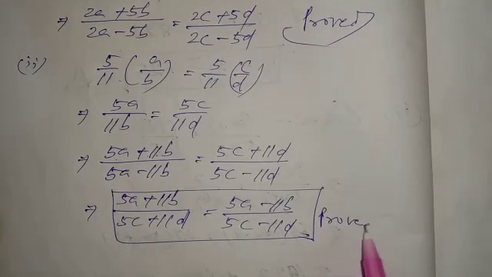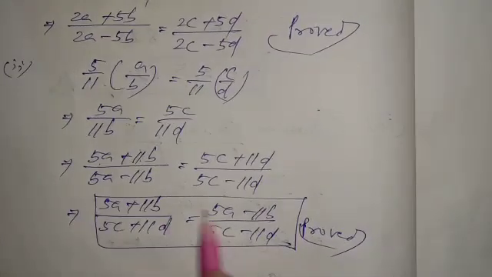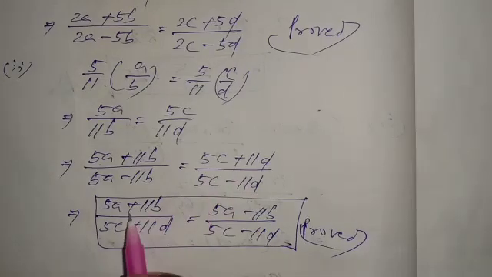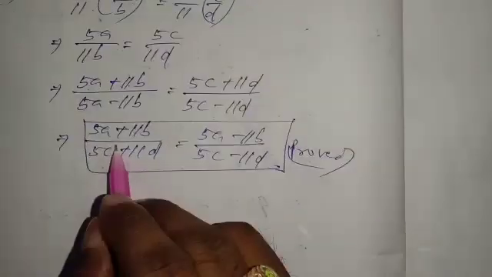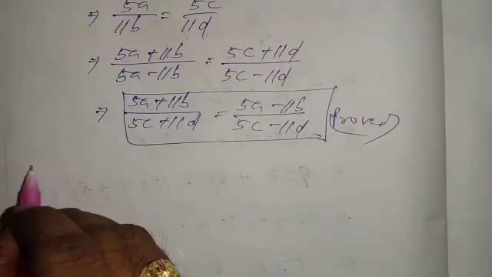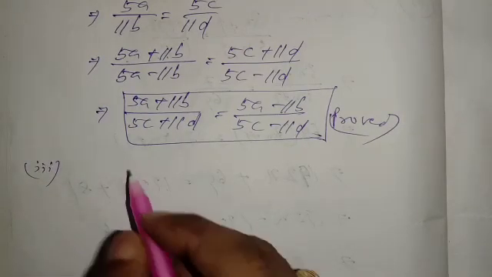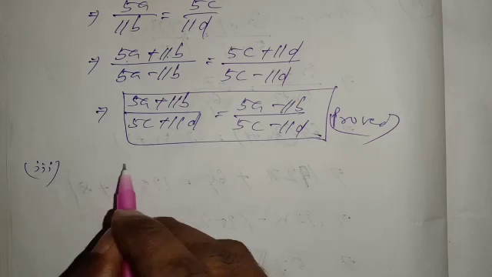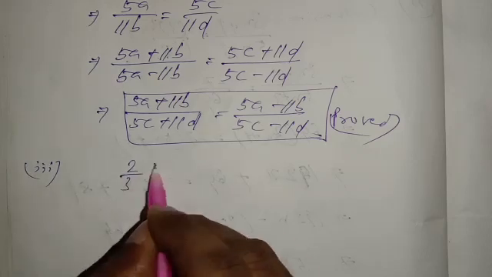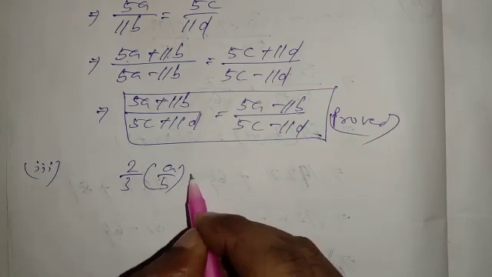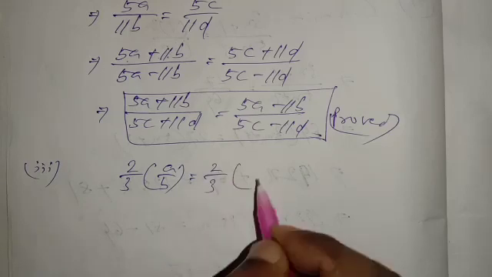Second part. And this process, this corner changing, is called alternando. Next, go to the third part. To prove third part, you have to multiply 2 by 3 with the given part. 2 by 3 multiplied with a by b, again 2 by 3 multiplied with c by d.